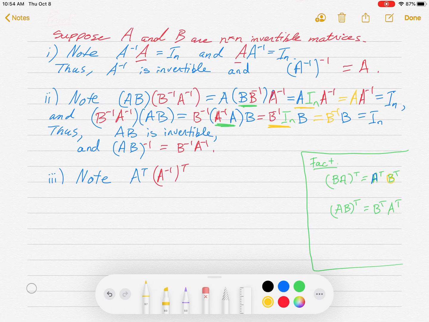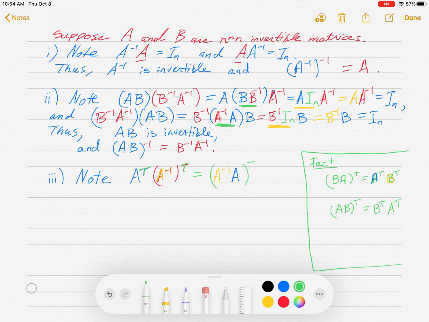So if you think of this A here as blue, and let's say this B here is yellow, and let's call these T's green. Notice we have AT, and you can think about this A inverse in yellow here as kind of like the B. So that's basically using that property of the transpose.